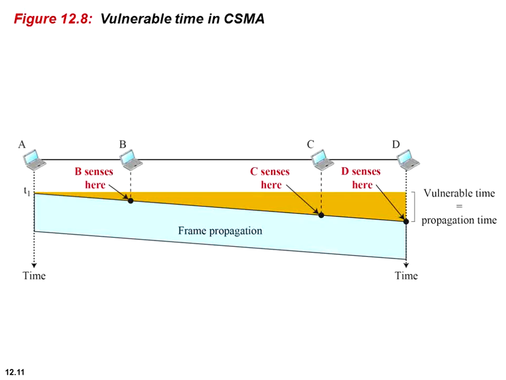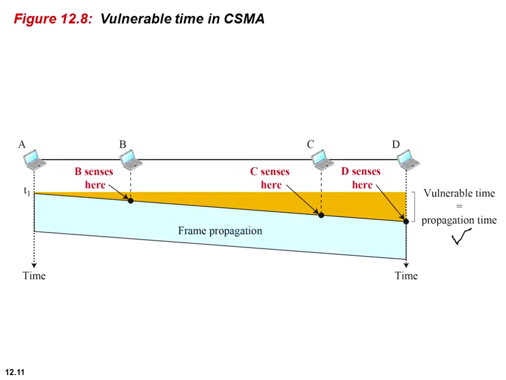Now here we will see the vulnerable time in CSMA. The vulnerable time is equal to the propagation time, TP. This is the time needed for a signal to propagate from one end of the medium to the other. When a station sends a frame and any other station tries to send a frame during this time, a collision will result.